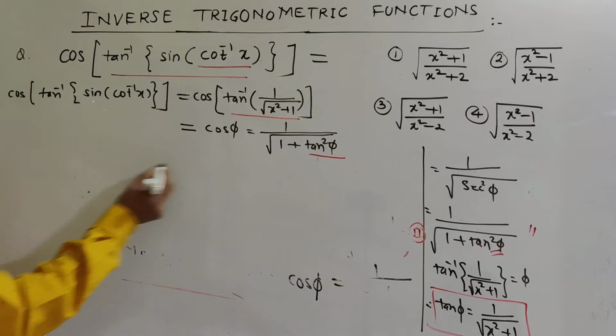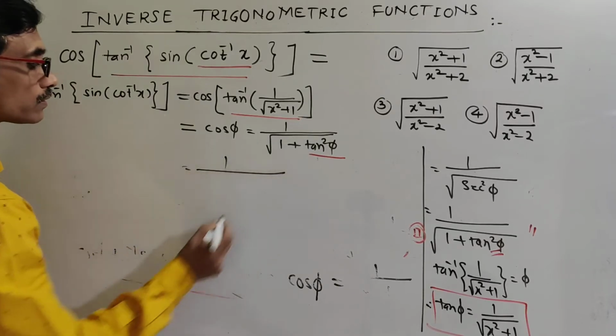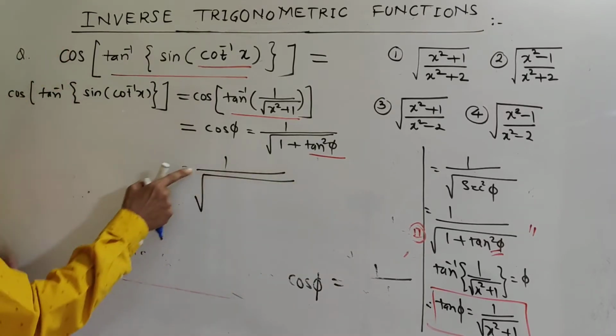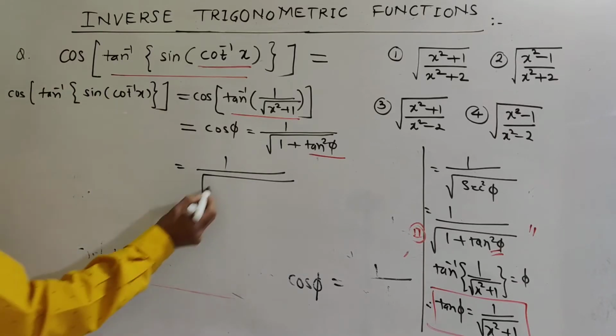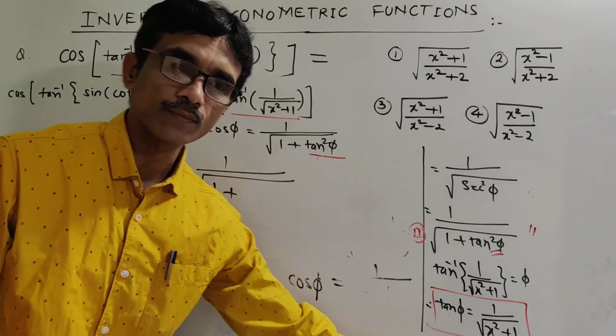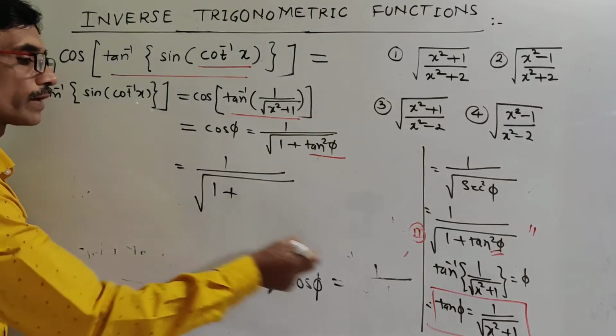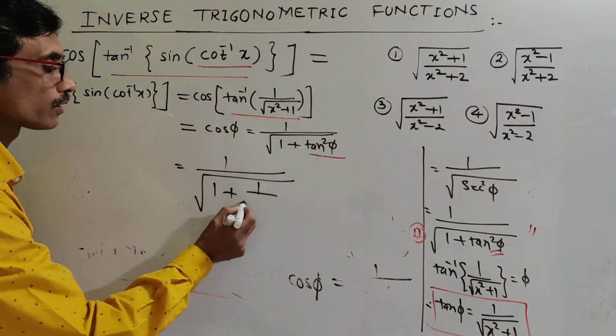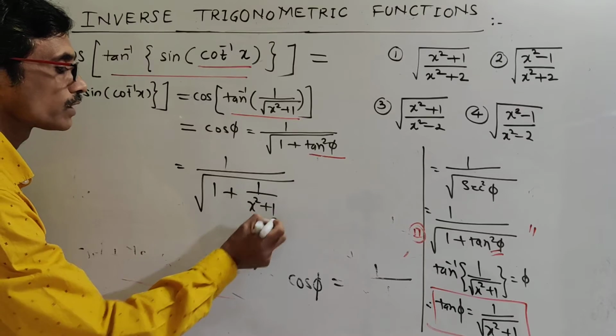So it is equal to 1 upon square root of 1 plus tan square phi. Tan phi is 1 upon root of x square plus 1, so it is the square of that, 1 upon x square plus 1 only.